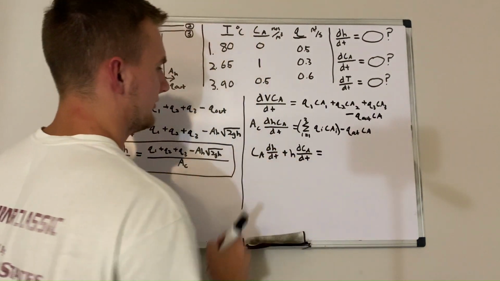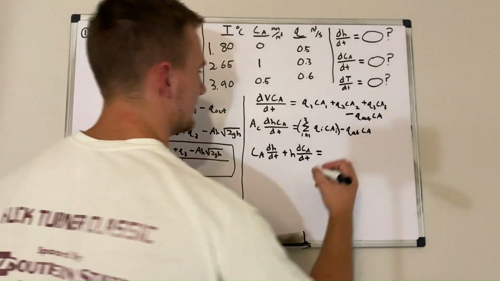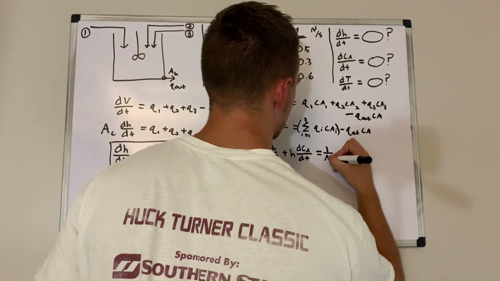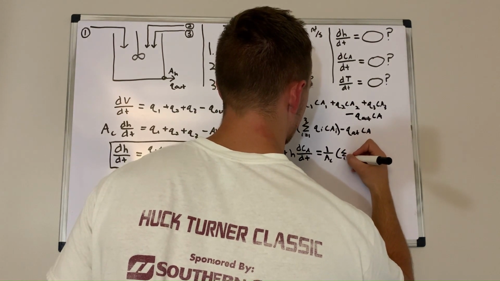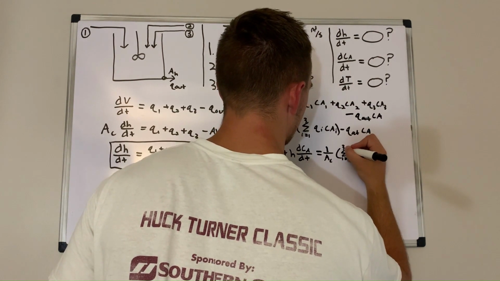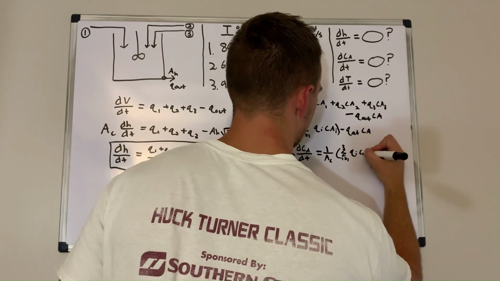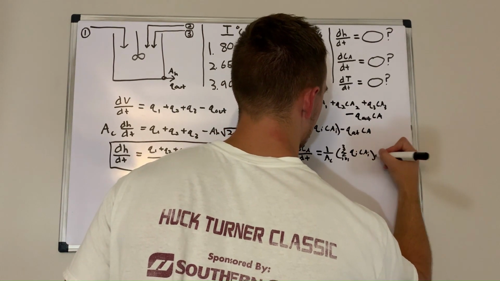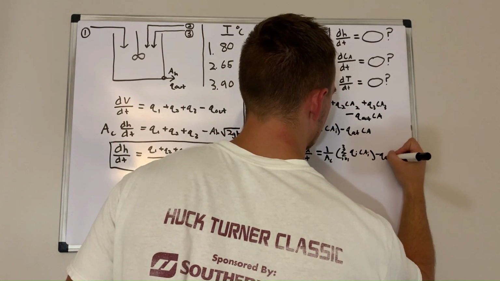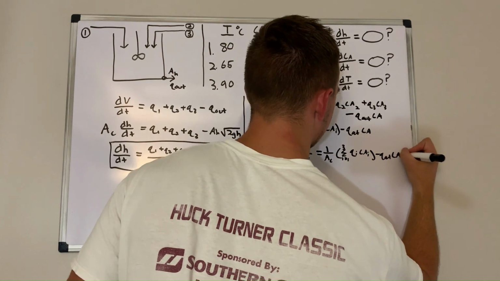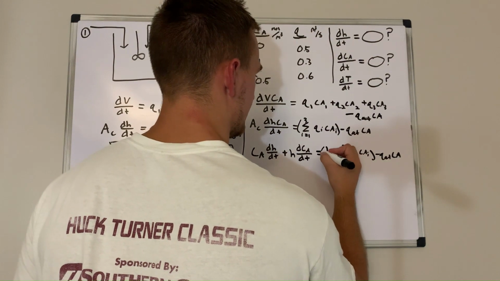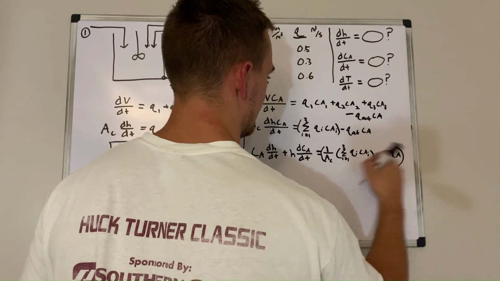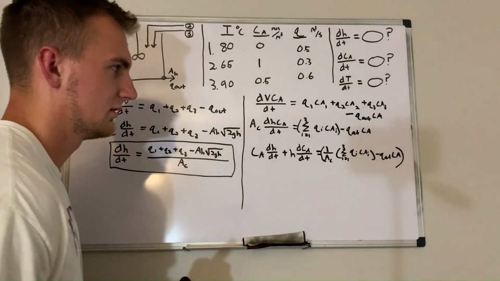And then we'll divide across our AC here, so we'll have 1 over AC times the summation of i equals 1 to 3 Qi Cai minus Q out Ca, and let's put some parentheses here because this is also multiplying that.